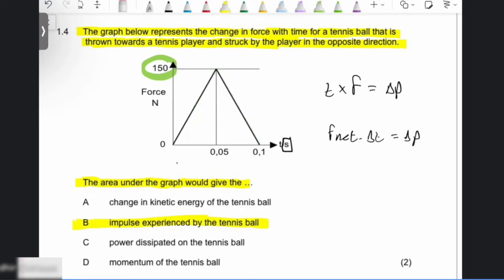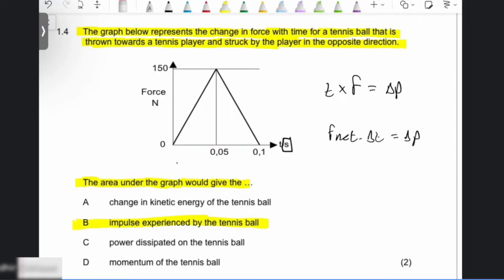So we can see that we're not having 150 newtons at this point, or at this point, or at this point, and so onwards. So we have to find out what the area under the actual curve is to give us our actual impulse. Otherwise, we wouldn't be calculating it correctly. We'd be saying there's 150 newtons of force for an entire 0.1 seconds, but we can clearly see that's not what's going on. That's why we actually calculate the area under the curve, guys.